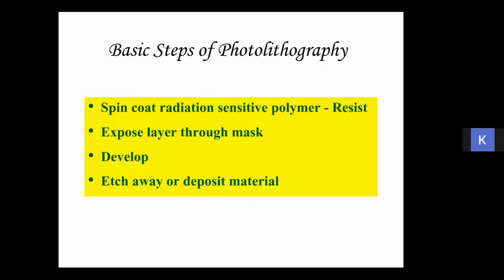Then you have to expose that polymer through a mask where you have the predefined circuit design. Then after you expose it, you have to develop it. I will come later on to all the details. And then finally, after you develop, you will do etching or depositing some material or doping, whatever you require. So the last part will be according to your requirement.